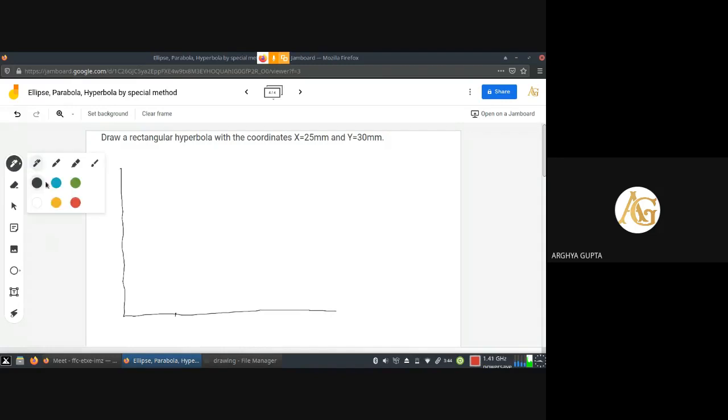We take another color for you to understand. So that distance will be 25 mm. The 25 mm distance is taken, and from that point a vertical line is drawn.